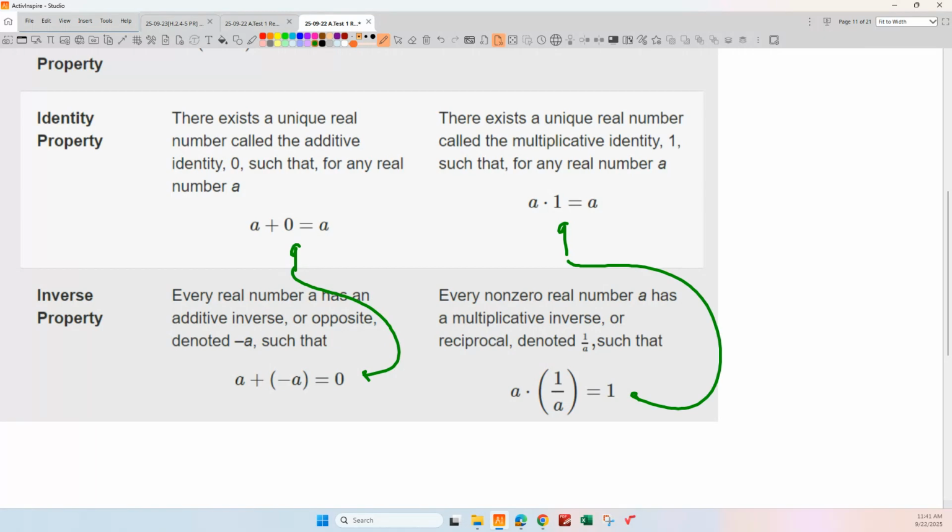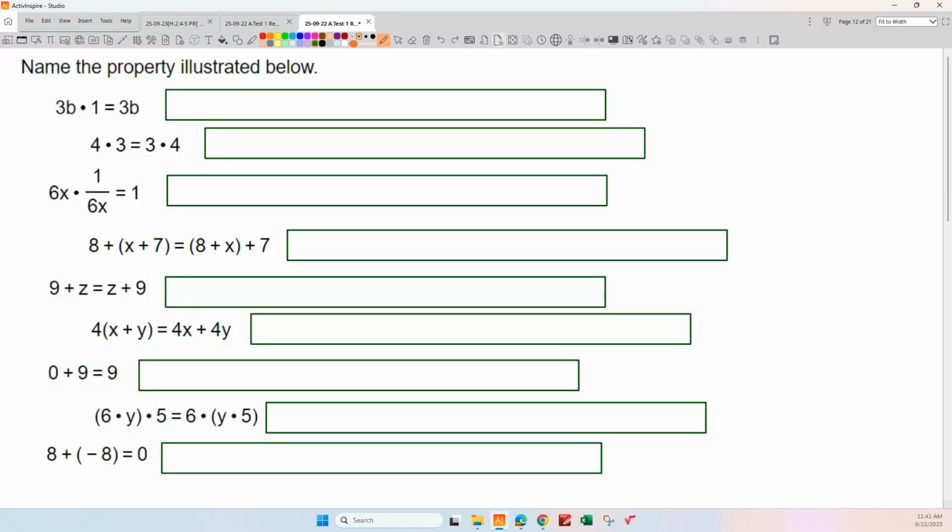So now let's practice using these things. So you guys tell me, look at these real quick. Look at that first one. 3b times 1 equals 3b. So what property is that going to be? And I'll give you a little hint. I think the important part of this one is that part.